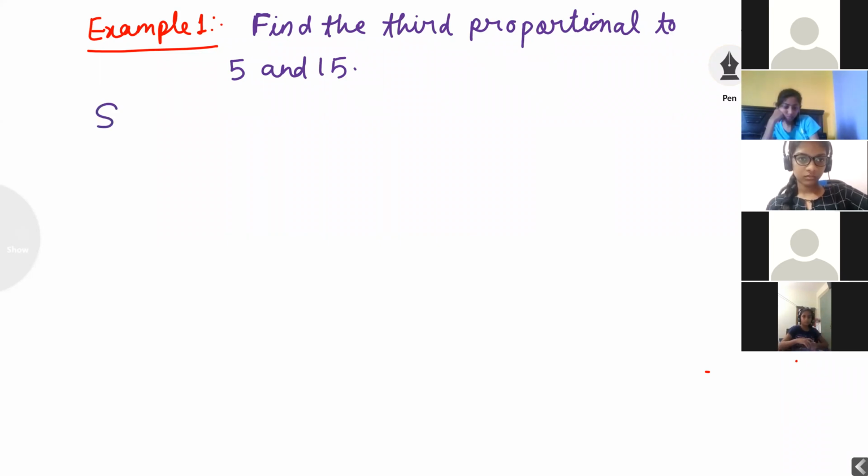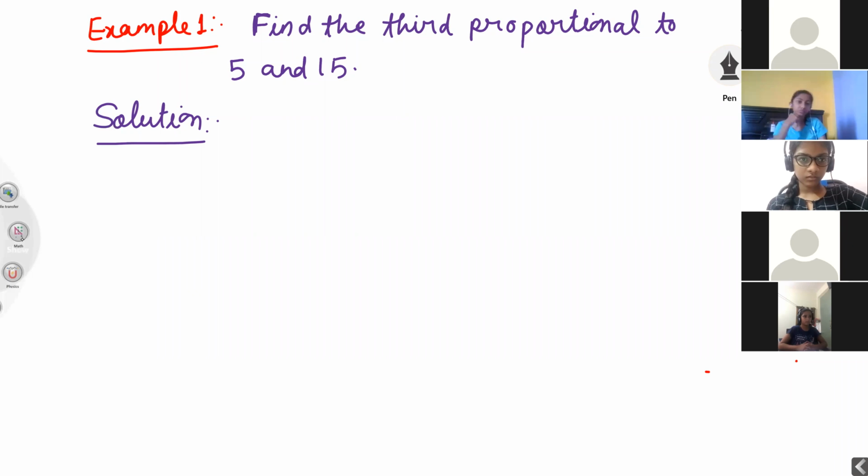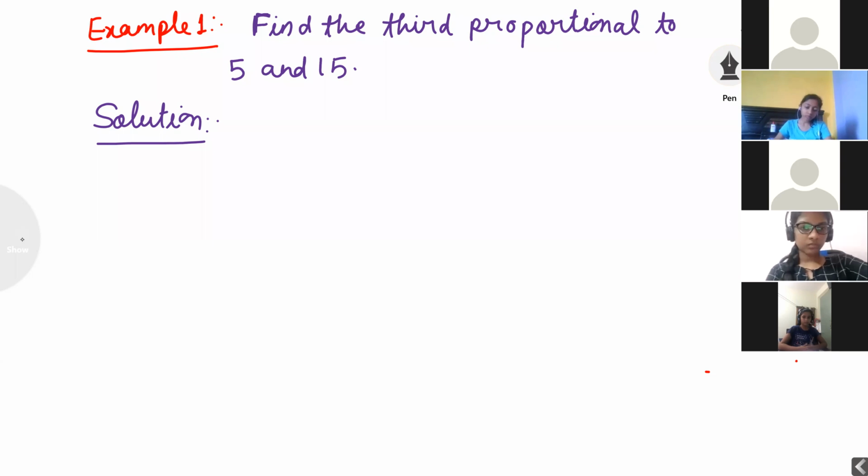Stop writing, concentrate everyone here. Don't write anything. How to find third proportional? Firstly, I want to assume, let the third proportional to 5 and 15 be x. Listen carefully, don't write.